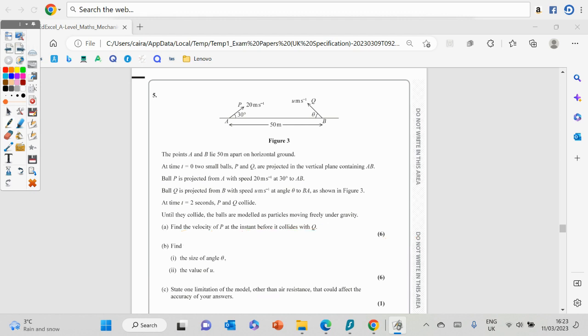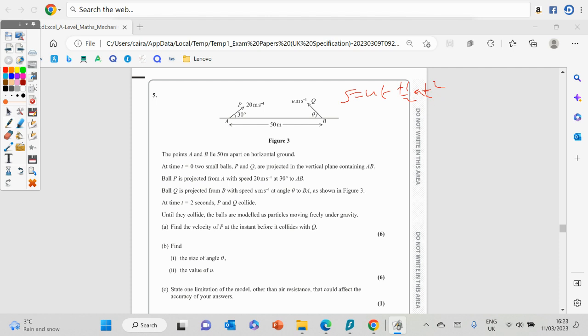Find the size of the angle theta and the value of u. Okay, so equation is going to be S equals ut plus a half at squared. Okay, I've got enough information to do that.